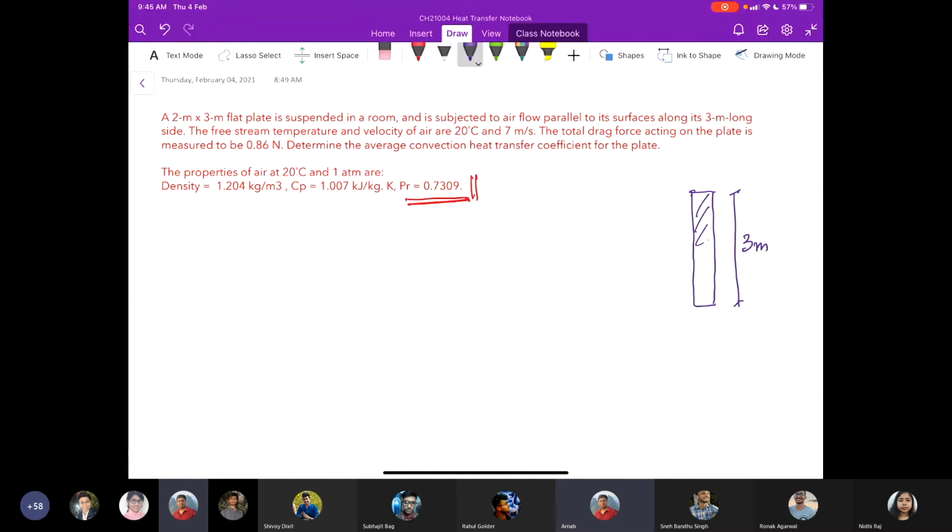So here the airflow is happening parallel to this side, parallel to this surface. And this air is at 20 degrees centigrade and 7 meters per second.